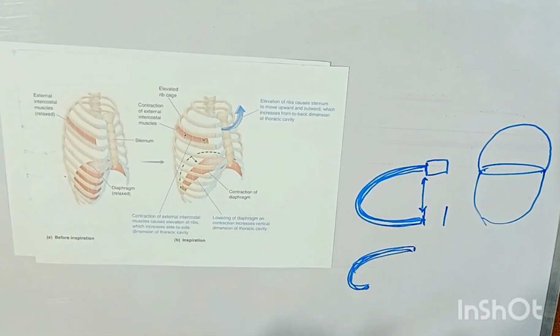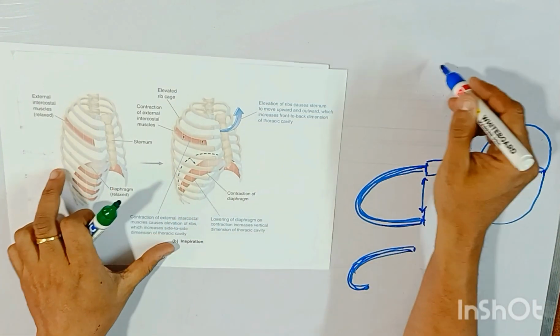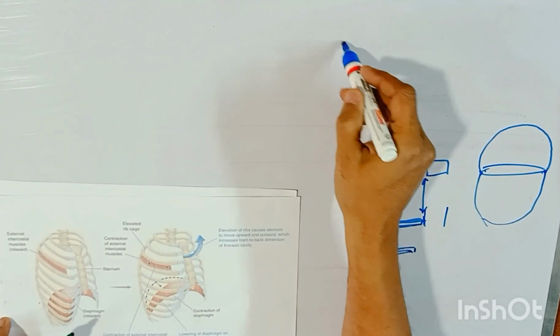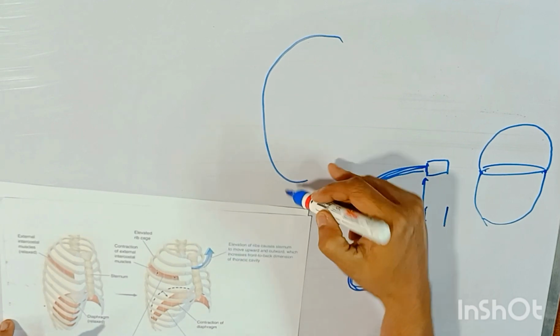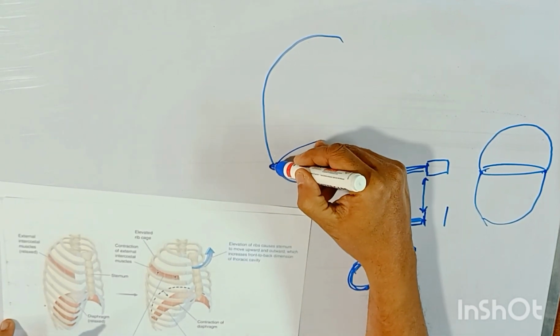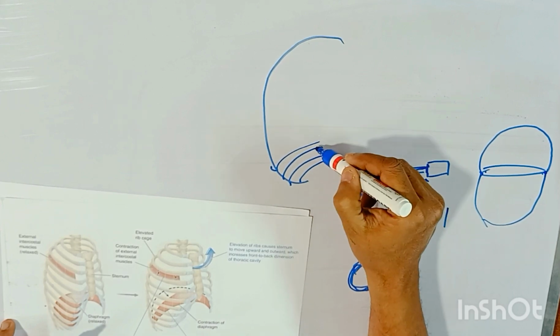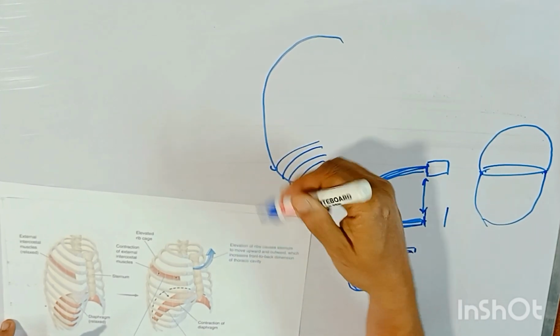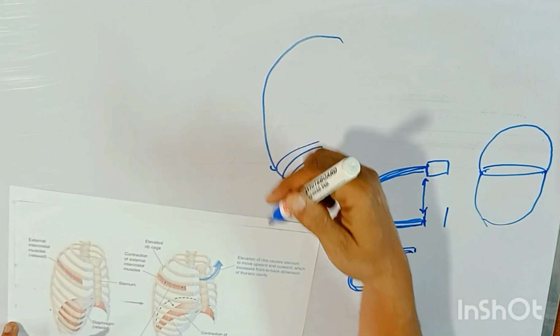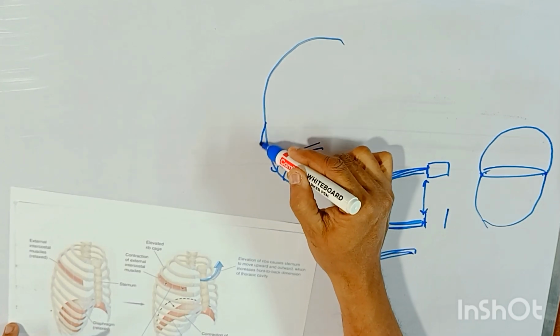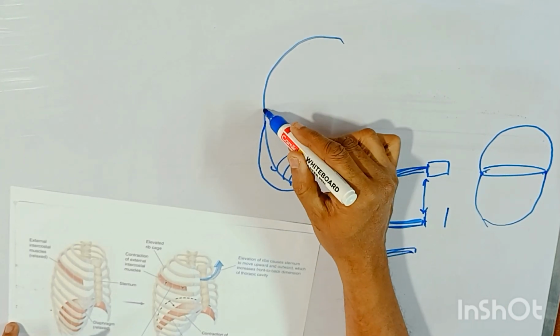If this is the thoracic cavity, because of the movement of these pump handles in the lower ribs, if they move upward, the lateral dimension of the thoracic cavity is increased.